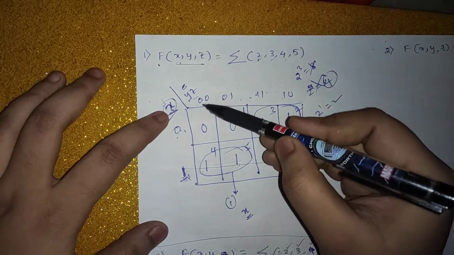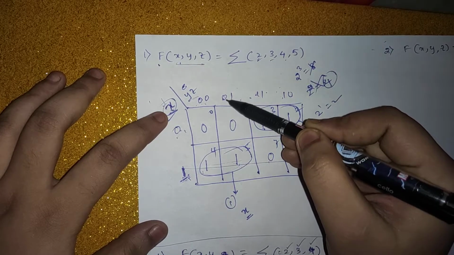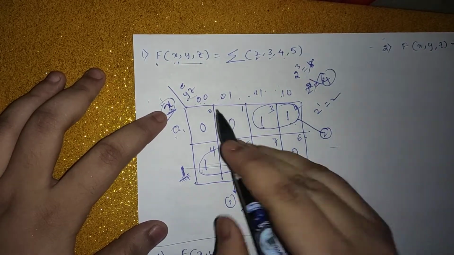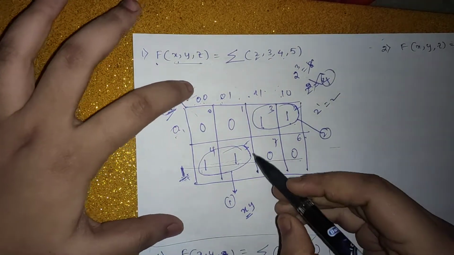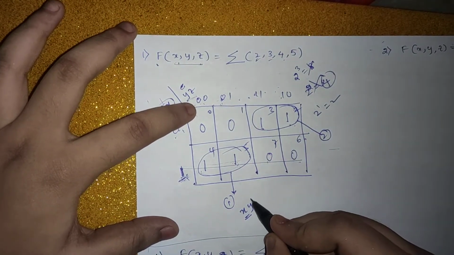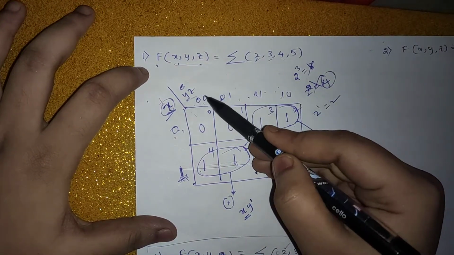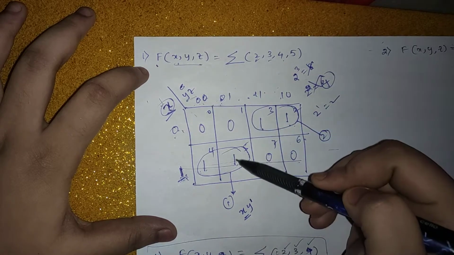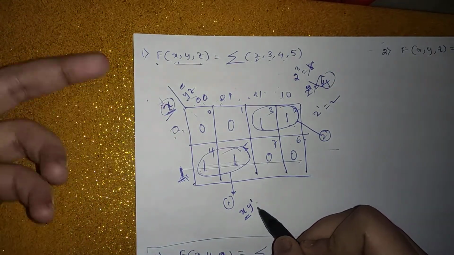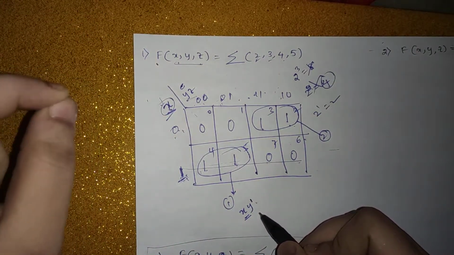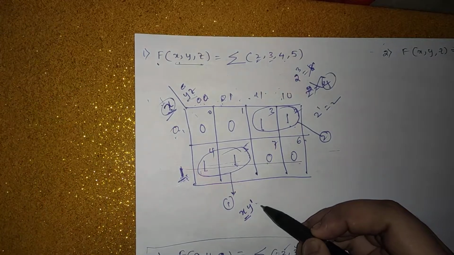In this loop y is 0 here and y is 0 here, so y also has the same value, there is no varying, it is constant, so write y, but y is 0, so write y dash. If it is 0, y dash; if it is 1, y. Okay. Z is varying. It is 0 here and 1 here. So z is varying. Varying should be written or not? It is ignored. Ignore the variable which is varying. We should be careful. Z is varying, so we need not write z.